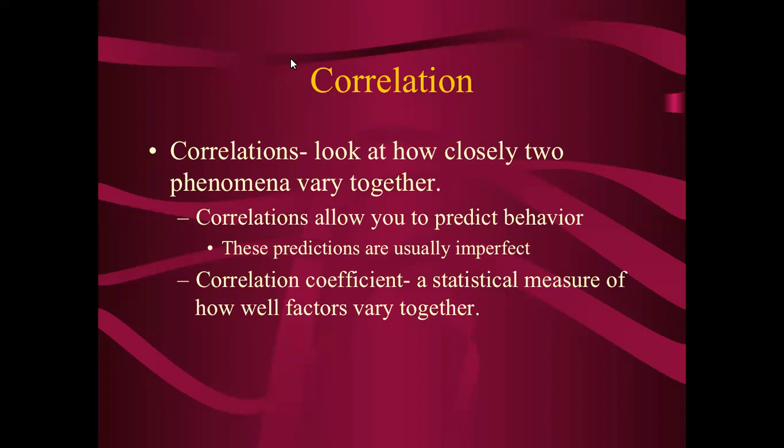There's the sign, which can be either positive or negative. And then there's the correlation number as well, which goes from 0 to 1. The closer you get to 1.00, the stronger the association is.